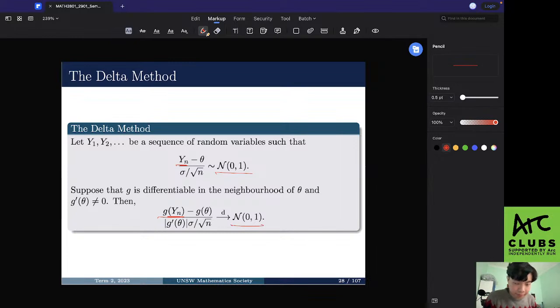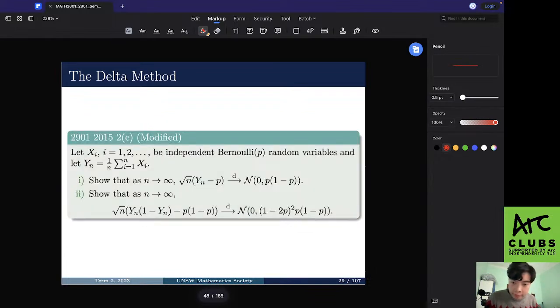That's pretty much it. So generally, this will be denoted as having the function g applied to the Yn and our theta right here, and then being divided by the absolute value of g dash of theta. Let's look at an example.